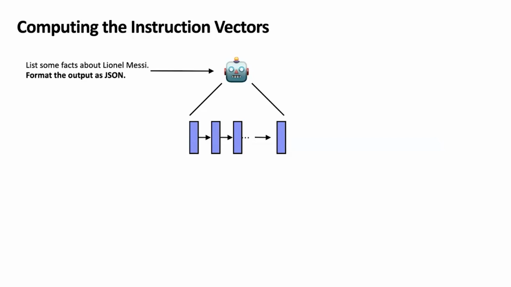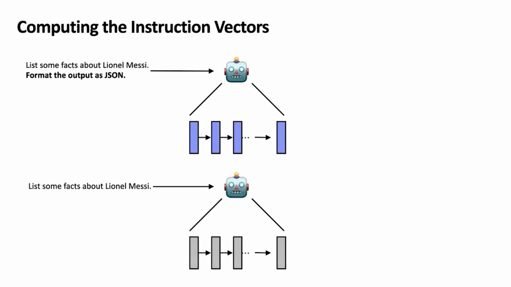In our work, the question that we addressed is whether we can use a similar method to get the model to follow more specific constraints that are systematically verifiable. The method that we use also consists in feeding the model pairs of inputs. In the first step, we want to compute a representation for a specific instruction. So we want to compute a vector that represents the specific constraint that we're interested in.